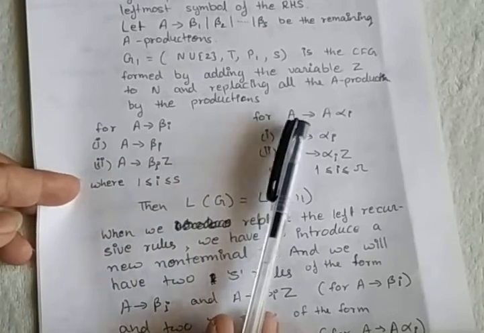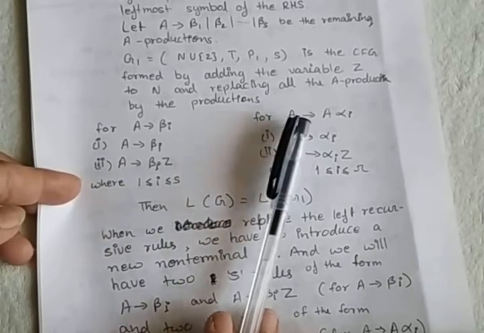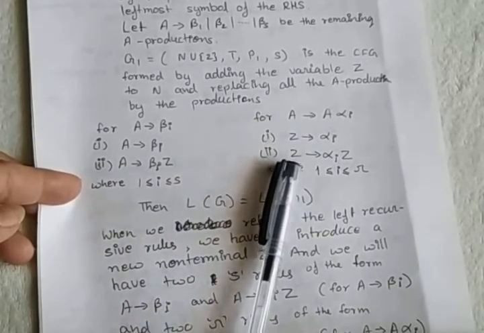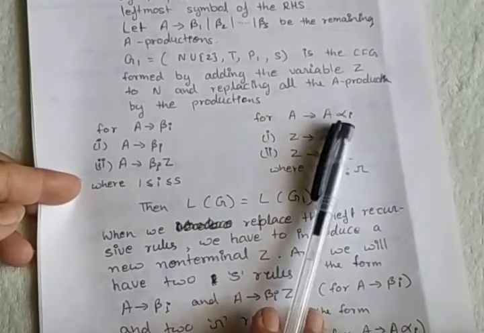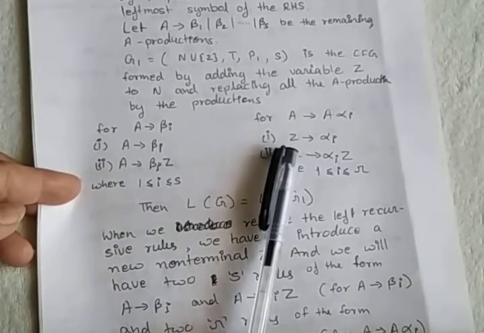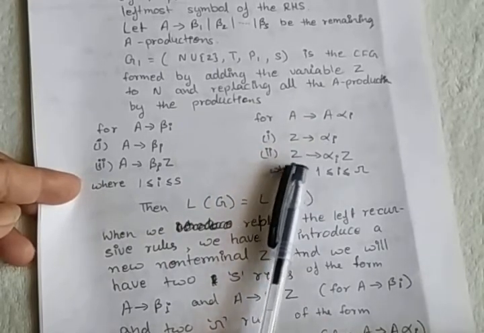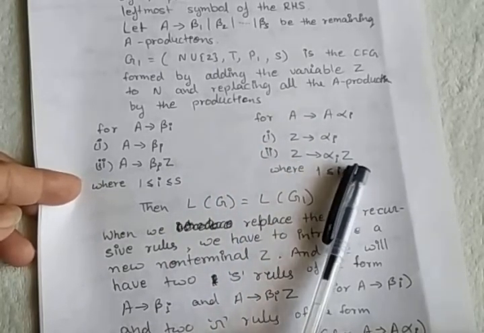And this is a left recursive rule of the form A tends to A alpha I; it will be converted into Z tends to alpha I and Z tends to alpha I Z.